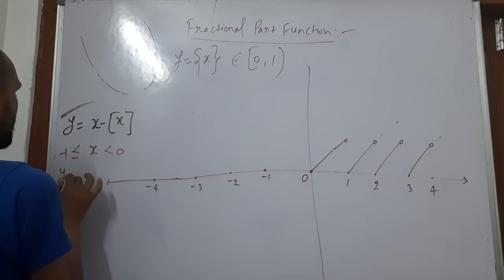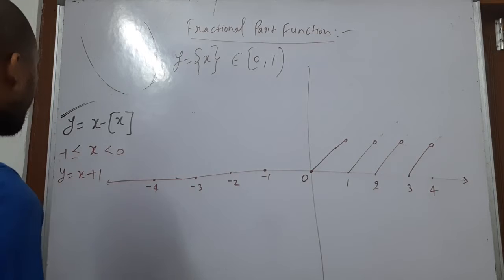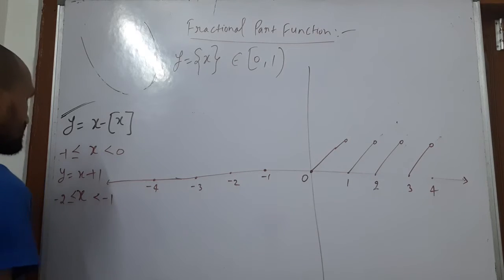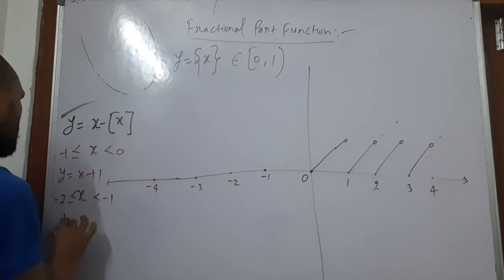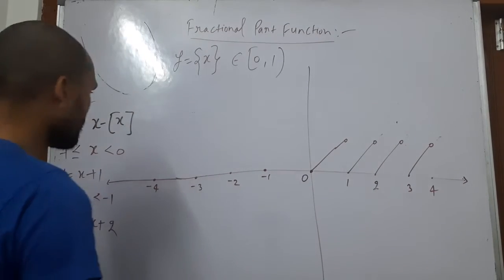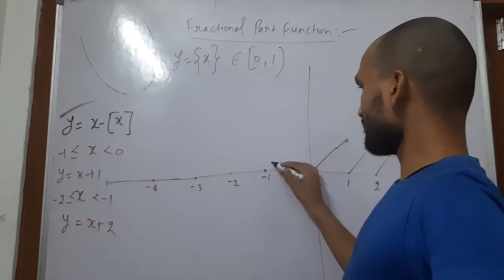So the overall result here will be x plus 1. Okay. And when x is greater or equal to -2 and less than -1, then what will happen? It will be -2 and that will give x plus 2. It means we have found the graph from here.